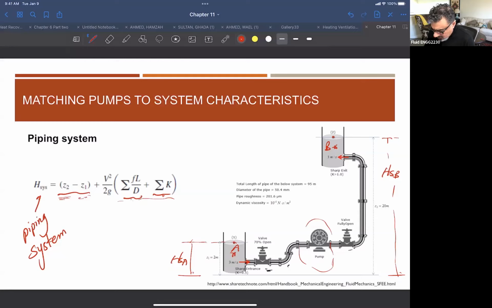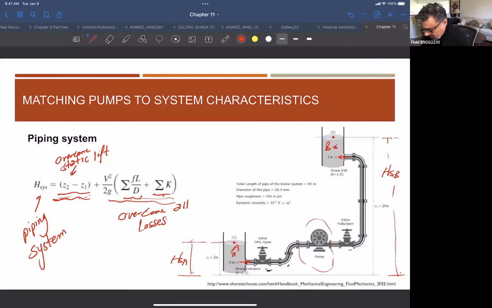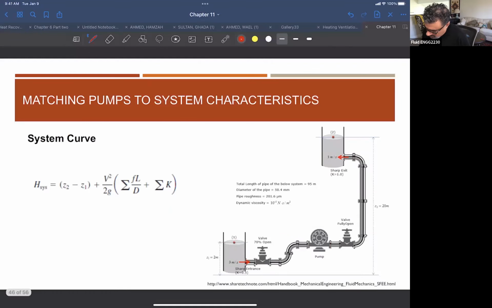So in this case, the system has to overcome the static difference between the two tanks, which is the lift, plus overcome the friction, which is all the losses in the system.